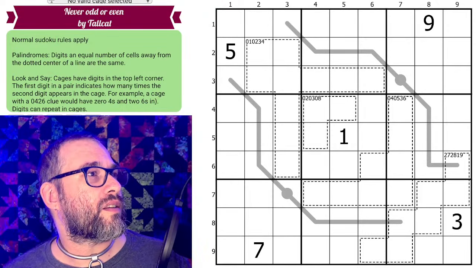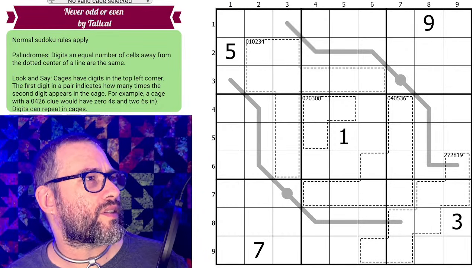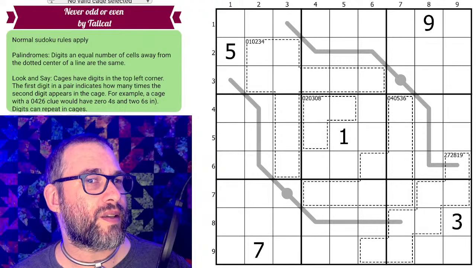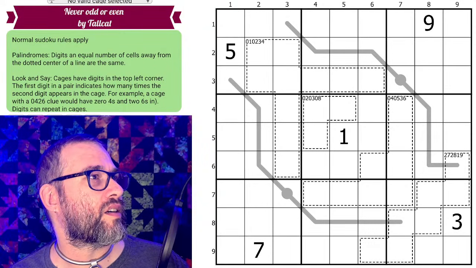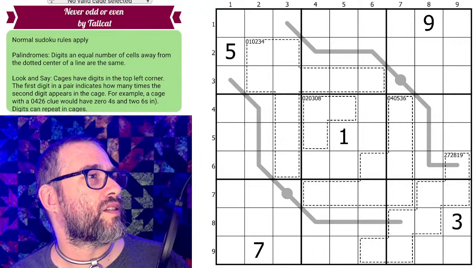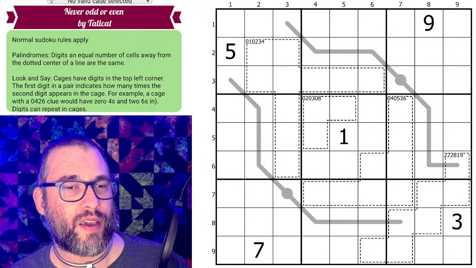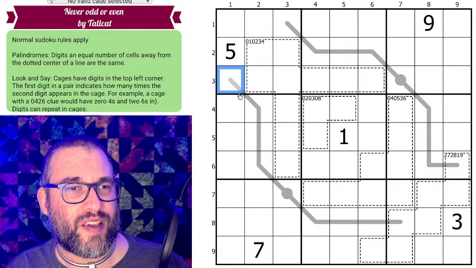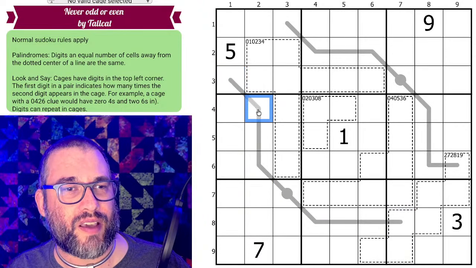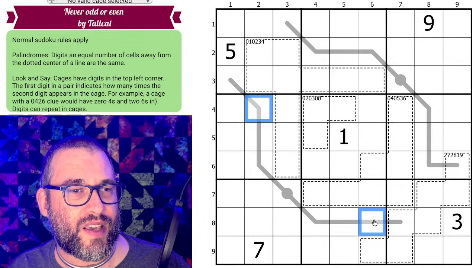All right. So these are just palindromes, so that's saying this cell is the same as this cell is the same as this cell.